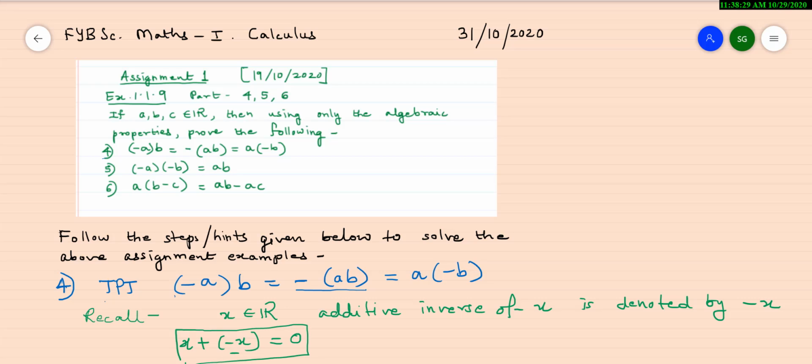Now read this minus of AB as additive inverse. This minus sign is read as additive inverse of AB. So this particular part is understood as: you have to prove that the additive inverse of AB is minus A into B. This is what you are supposed to prove.